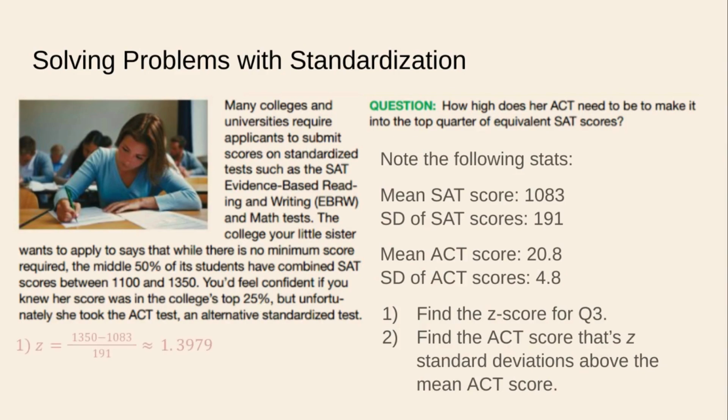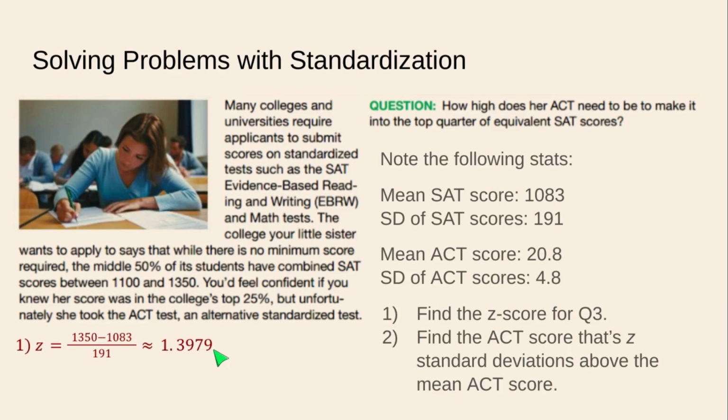Let's tackle this problem. First part, we're going to find the z-score. That Q3, 1350, goes right here. We have the 1083 as the mean SAT score, and the 191 is the standard deviation of the SAT scores. And we have this guy right here. I rounded to 4 places. Generally in statistics, you round to 4 places, you are going to be A-OK.